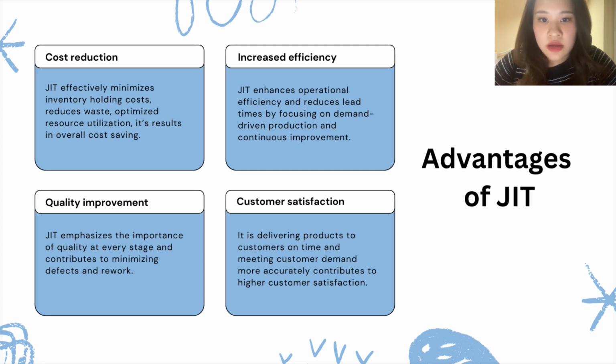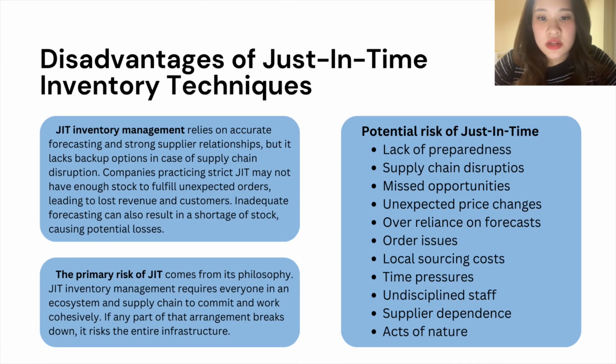Disadvantages of just-in-time inventory technique. Just-in-time inventory management relies on accurate forecasting and strong supplier relationships, but it lacks backup options in case of supply chain disruption. Just-in-time may not have enough stock to fulfill unexpected orders. Forecasting errors can also result in a shortage of stock, causing potential loss.